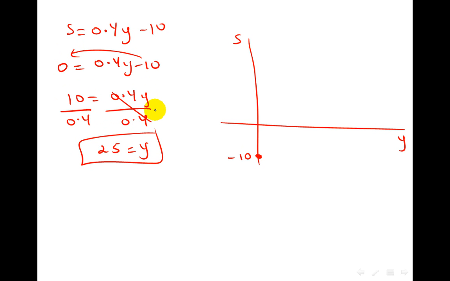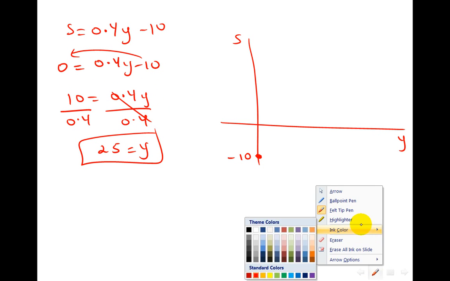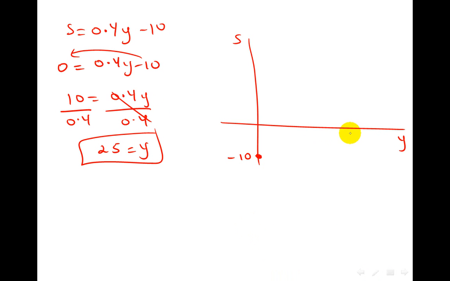Or instead of y you can plug in whatever number you want and you'll find your other points. So when s is 0, y will be 25. Let's say 25 almost here. Just connect the two points this way, and this will be your saving graph.